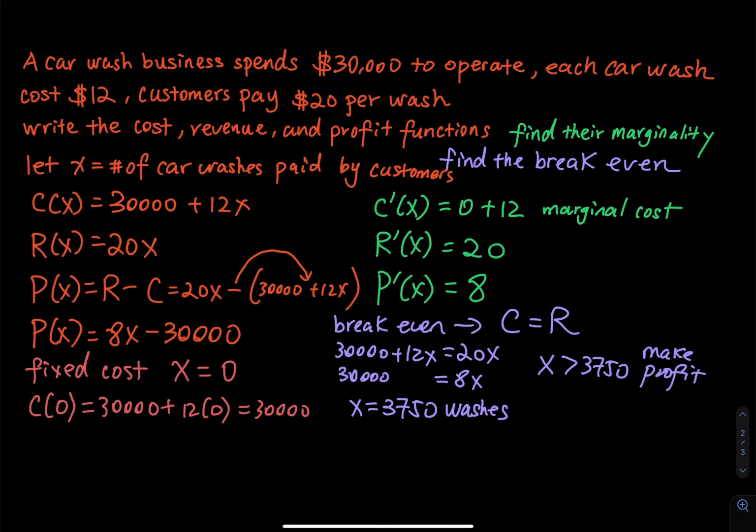So when you do this for a business owner, you need to let that owner know that in order to make some profit, your goal is to go above that many washes. Otherwise, if you sell below this value, 3750, then you are losing money. All right, and then that is the end of this problem.